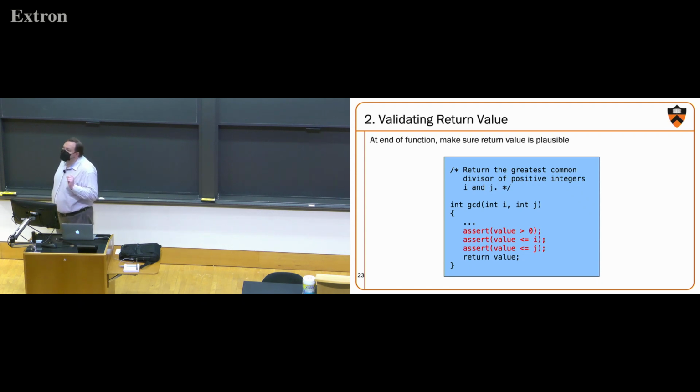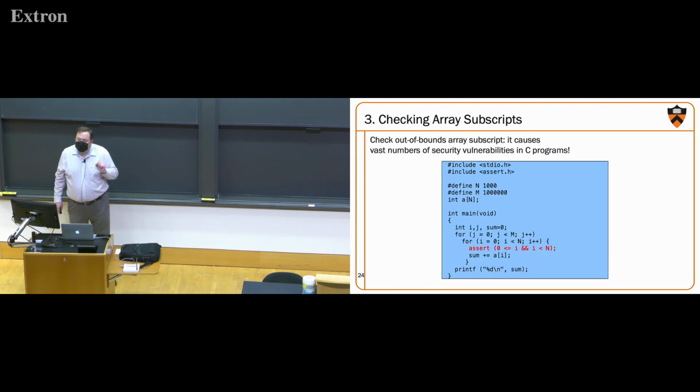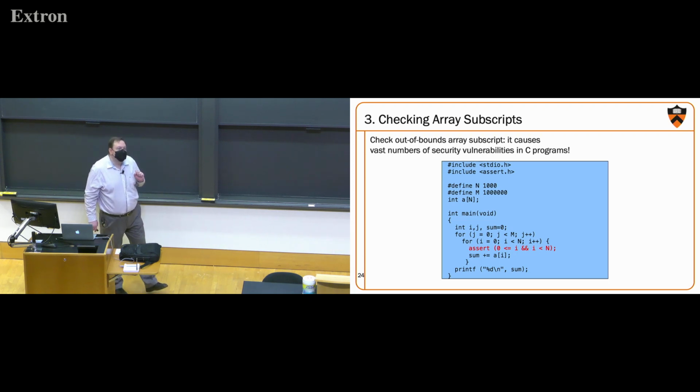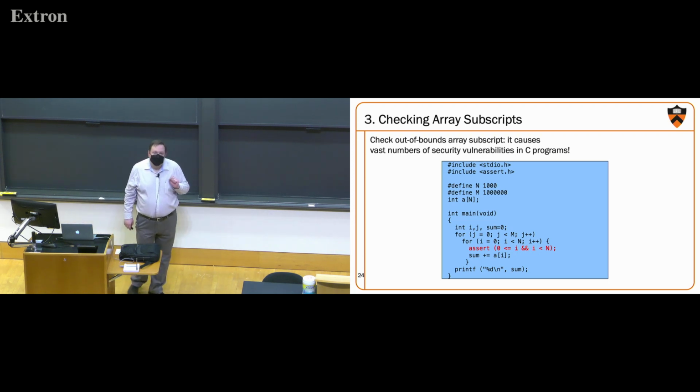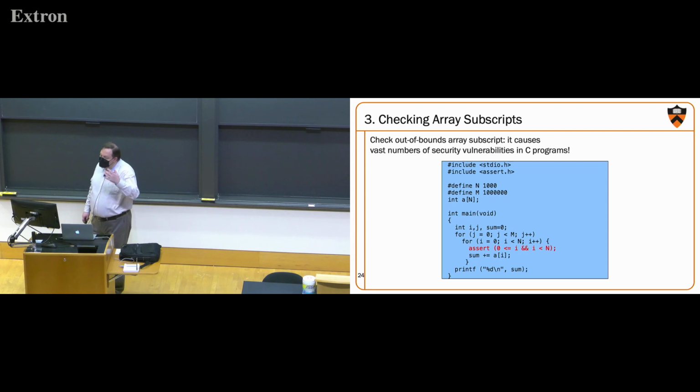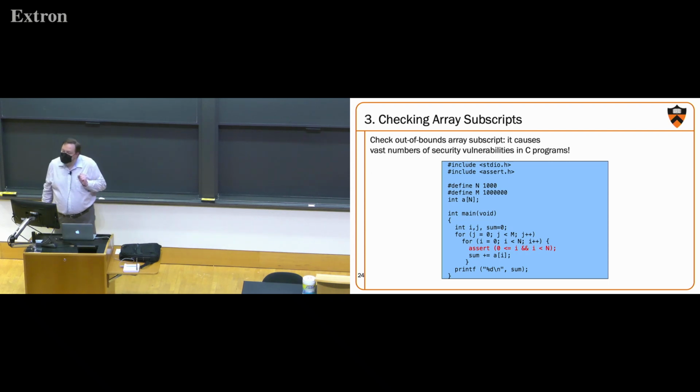Another very common thing you can assert is that array subscripts are valid. You're writing some function, you have some array that you're accessing. You can check whether array subscripts are in the range 0 to length minus 1 before you try to do an array access.